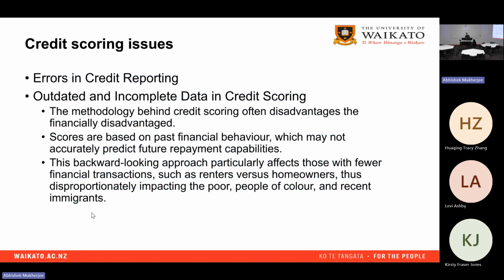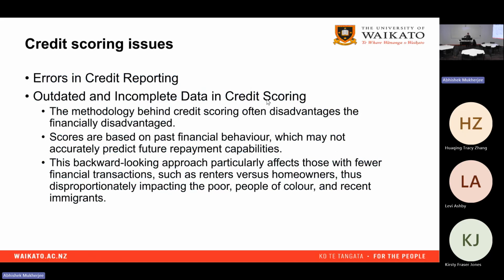So what is the error? There can be errors in the credit scoring system as well. A very simple error, like your name being wrong or your age being wrong, can lead to a wrong credit score. There is also outdated and incomplete data. Another important aspect is, if you're a new immigrant to, let's say, New Zealand, you will basically have a zero credit score because you will not have a history of transactions.